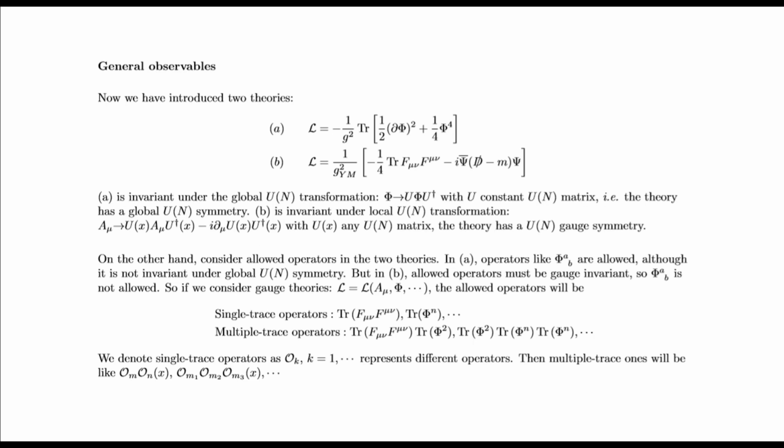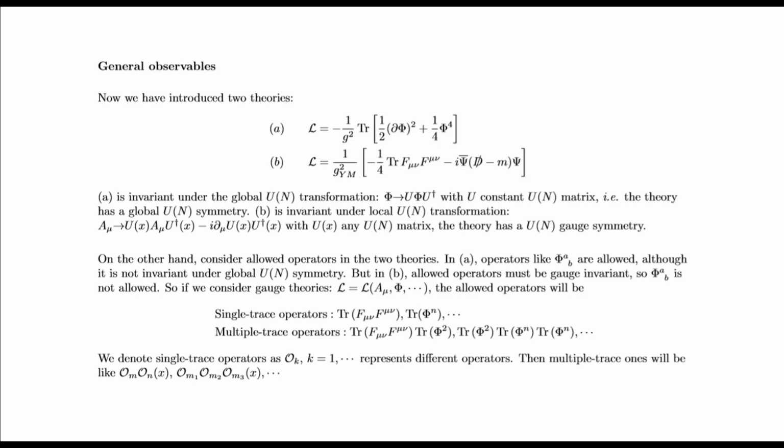On the other hand, consider the allowed operators in the two theories. In A, operators like these are allowed, although it is not invariant under global U(N) symmetry. But in B, allowed operators must be gauge invariant, so this is not allowed. So if we consider gauge theory, the allowed operators will be single trace operators and multi-trace operators.